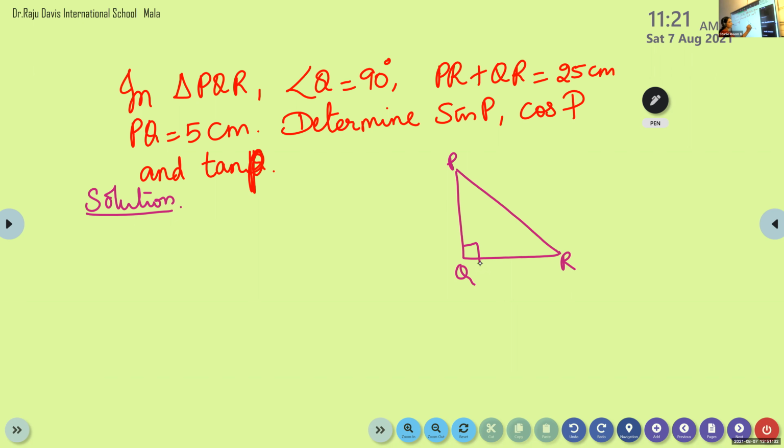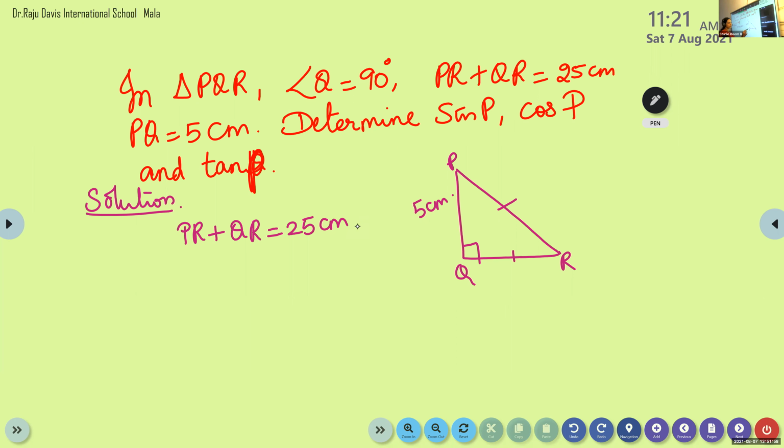When we add the sides PR and QR, it is 25. Then PQ is given as 5 centimeter. The sum of the sides PR and QR is 25.